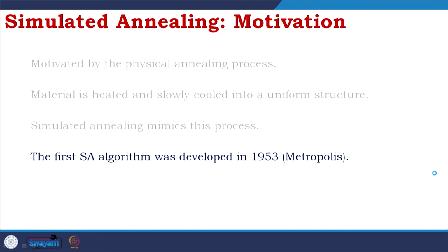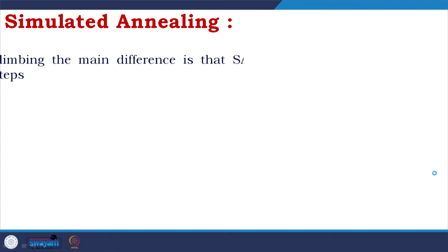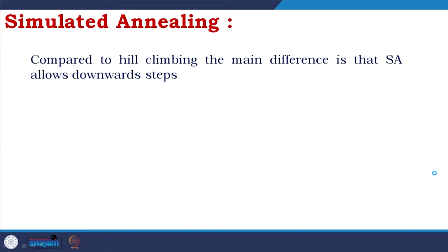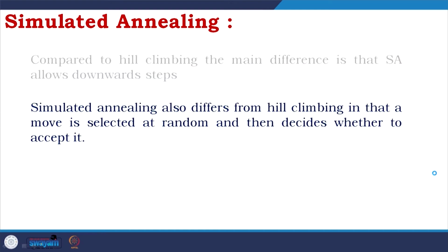The first simulation algorithm was developed in 1953 by Metropolis. It could be compared to hill climbing. The main difference is that simulated annealing allows downward steps too. In hill climbing you do not have a downward step, but in simulated annealing you have upward and downward.